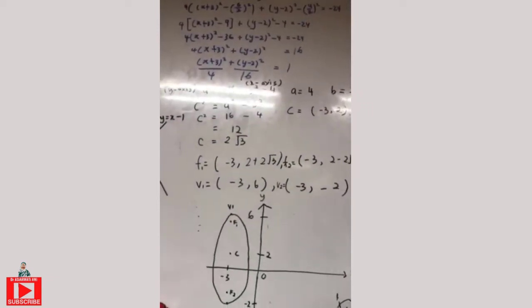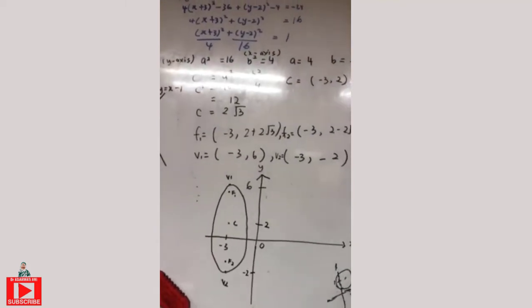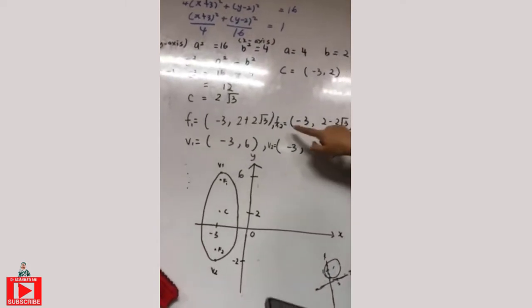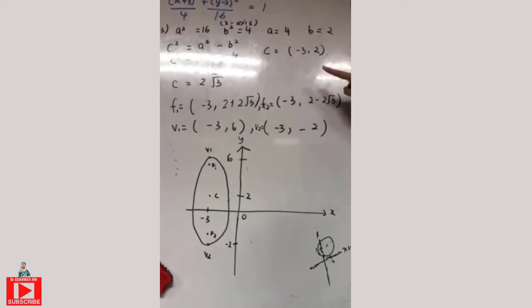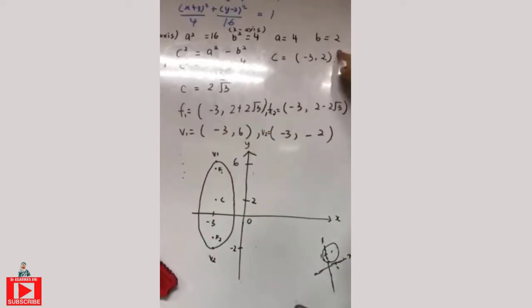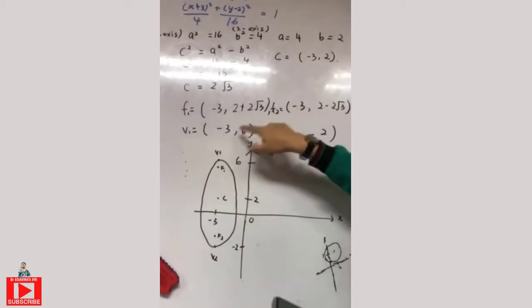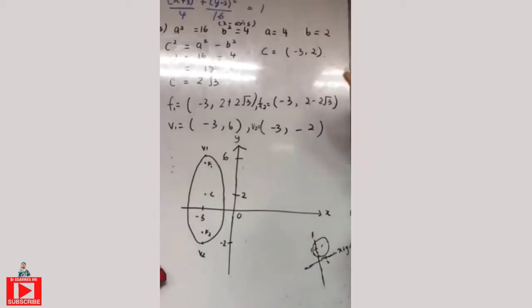Which one A? 16. Bawah Y kan? Okay, then for second F2, negative 3, 2 minus 2 square root 3. To nak cari vertices, negative 3, 2 plus 4, we got 6. For V2, negative 3, 2 minus 4, negative 2.